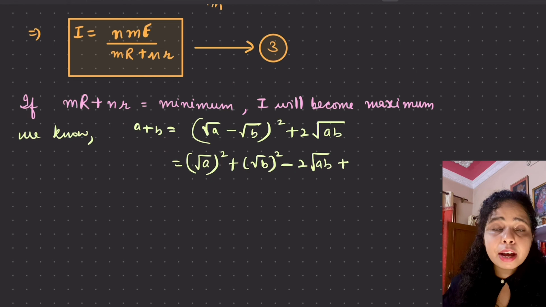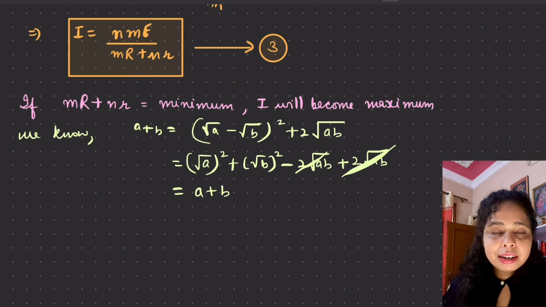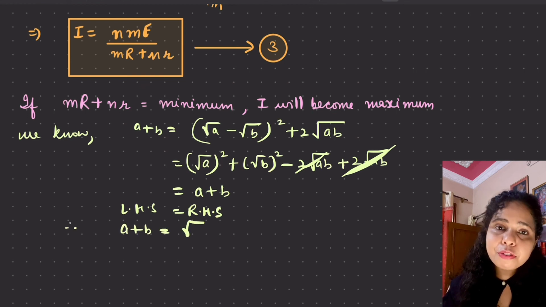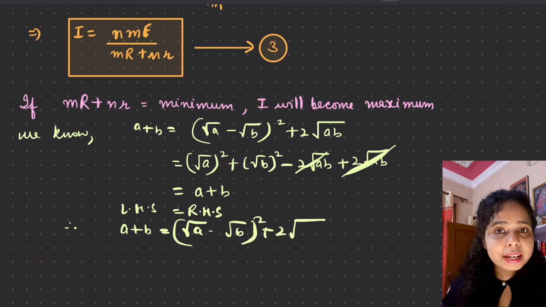And then we have plus 2 under root ab. Now we can cancel out minus 2 under root ab with plus 2 under root ab. So we have a plus b is equal to a plus b. That means we can express a plus b in the form under root of a minus under root of b whole square plus 2 under root ab.